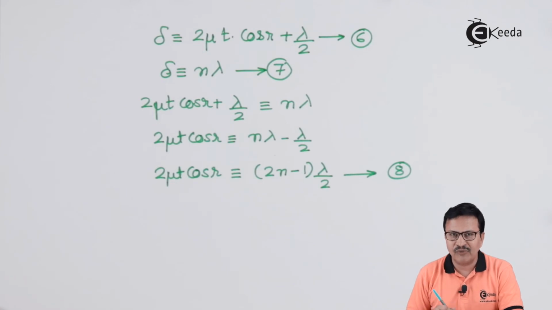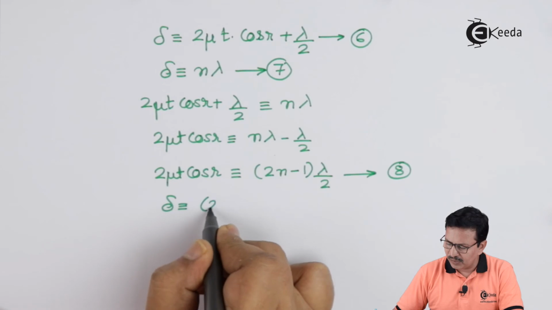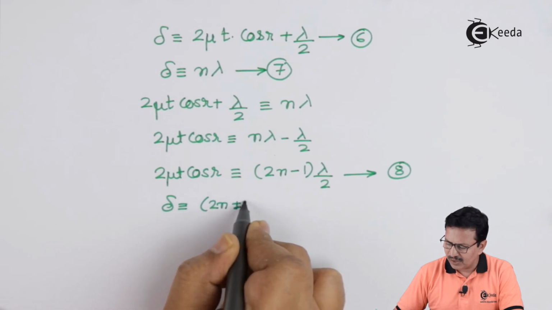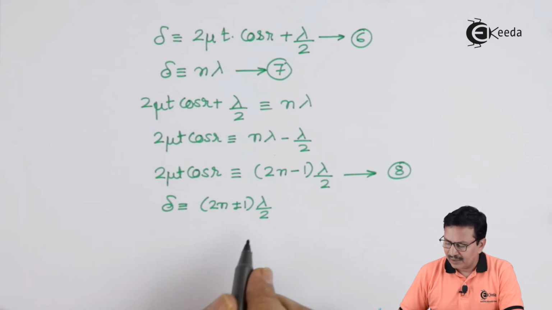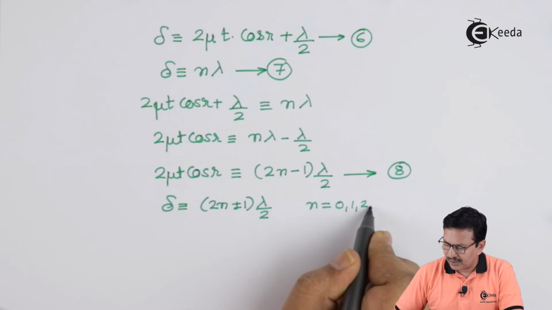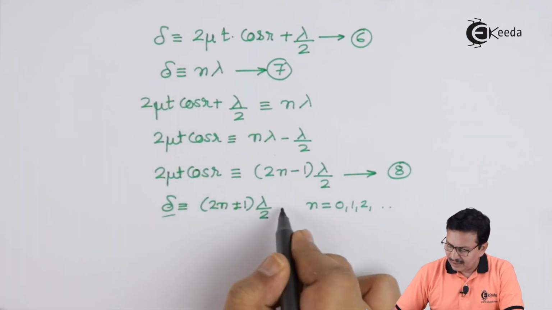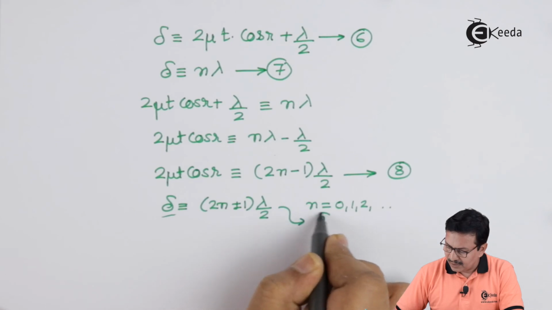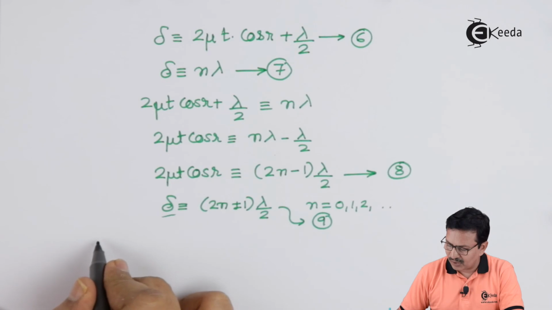Similarly, let us try to find out the expression for the destructive interference. We know that for the destructive interference, your delta is going to be equal to 2n plus 1 lambda by 2, wherein n is going to be equal to 0, 1, 2, etc. So now what we do is, I once again equate your expression 9 and your expression 6, and let us see what we get.